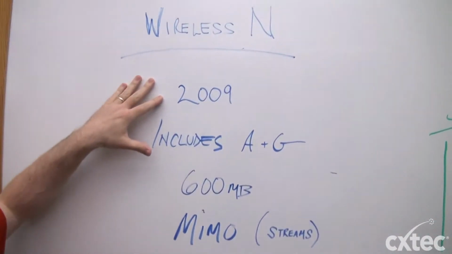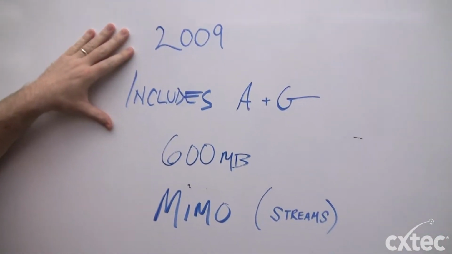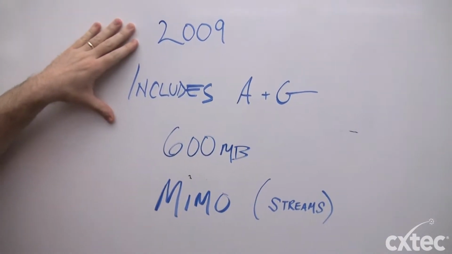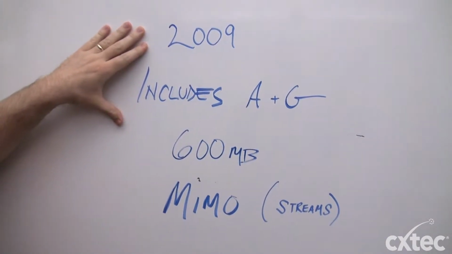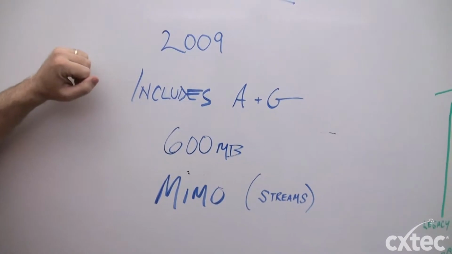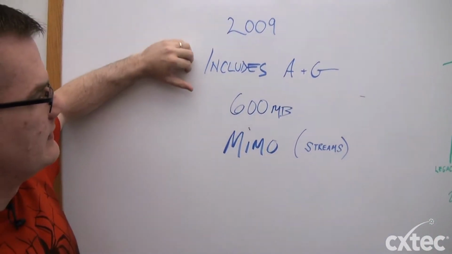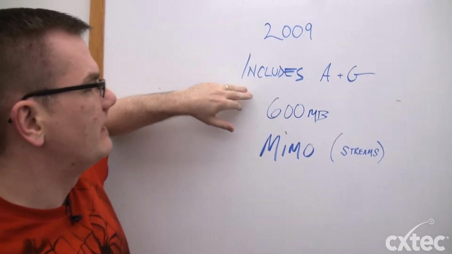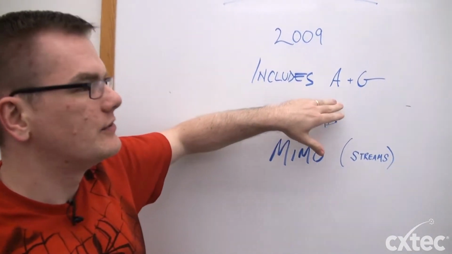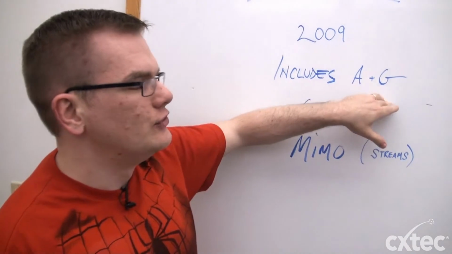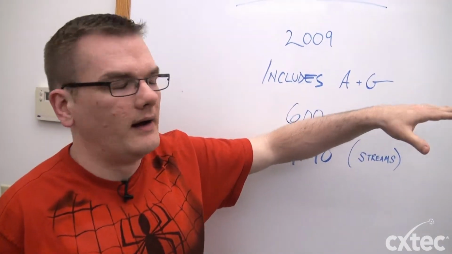Like I said, 2009 is when wireless N was ratified. Since then we've been able to reap the benefits of having that extra speed. One of the things I have here on my list is that it includes A and G. This is something I've run into a lot with our customers, that they believe N is a new letter in the spectrum here.